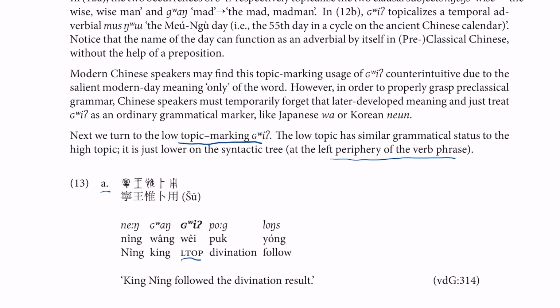So apparently, Ning Guan is the subject and longs is the verb, whereas this part is the direct object. Direct objects normally would follow the verb, so its original position should be here. However, with the help of gui, the direct object is fronted. Hence the surface word order we observe is divination follow instead of follow divination.